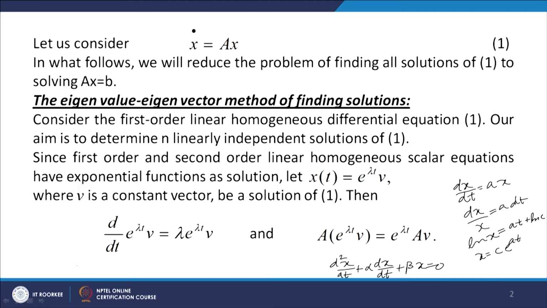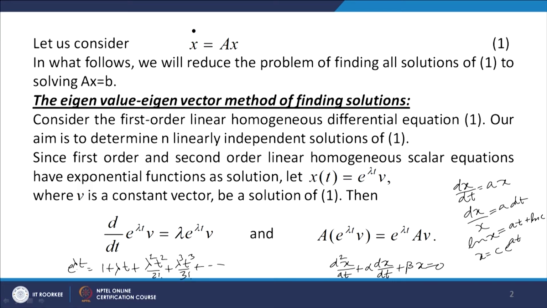This is because e to the power lambda t we know is equal to 1 plus lambda t plus lambda square t square by 2 factorial plus lambda cube t cube by 3 factorial and so on.